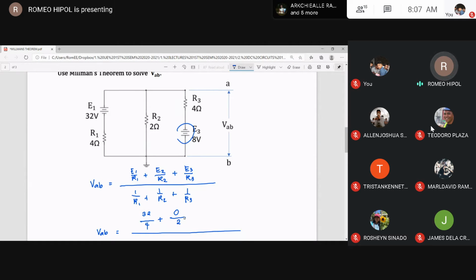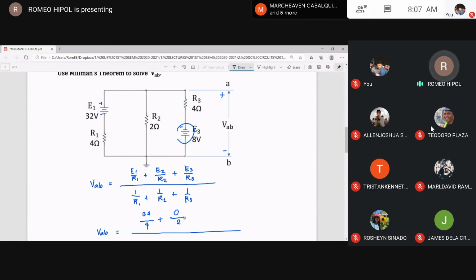So kumbaga gagawin natin set a positive and negative terminal on both end terminals, di ba? So in this case, if the battery is connected to the positive terminal of terminal A, so i-set natin siya as positive. Naintindihan?